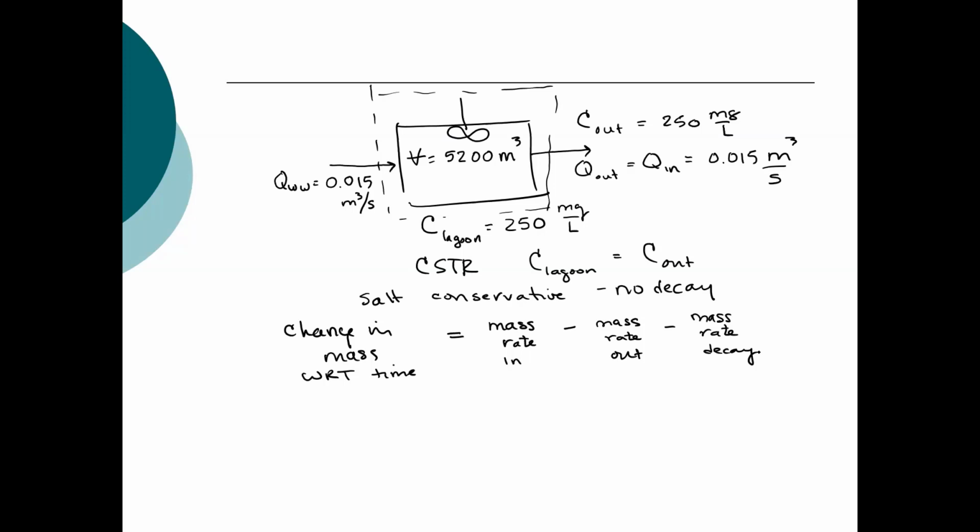We're told that we have steady state conditions. So if we have steady state conditions, the change in mass with respect to time is equal to what? Zero, exactly. Okay, and we have mass rate in minus the mass rate out.